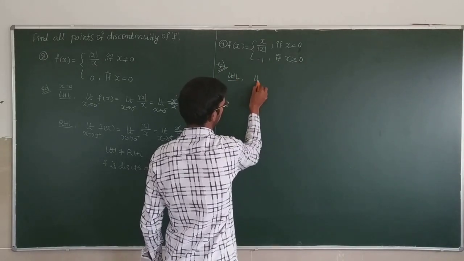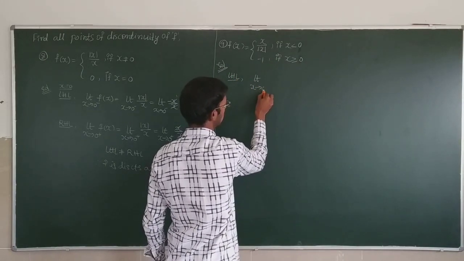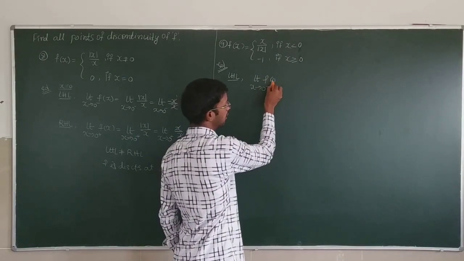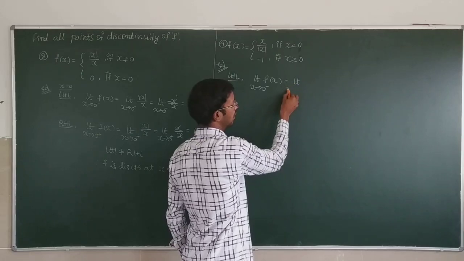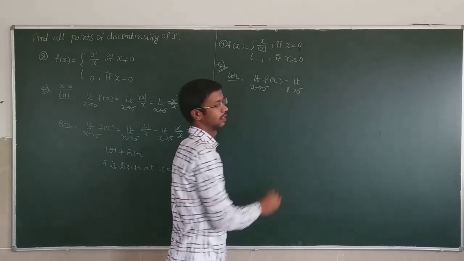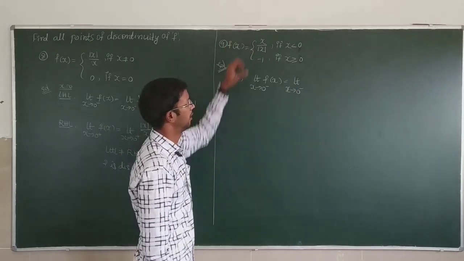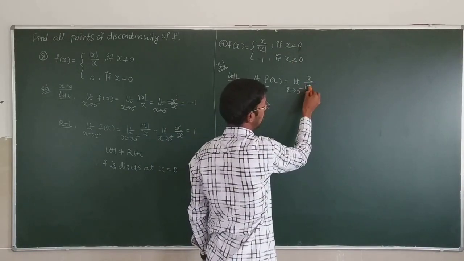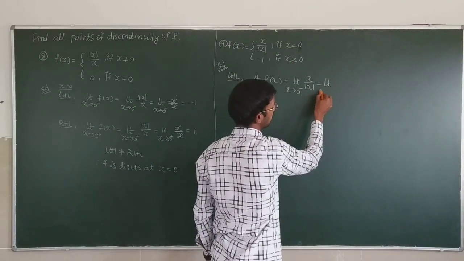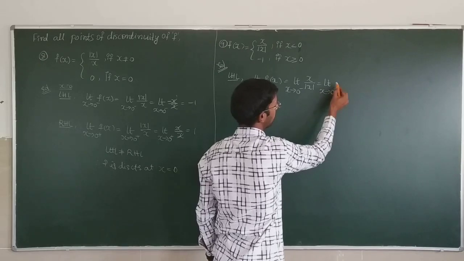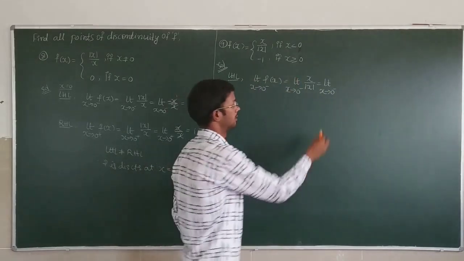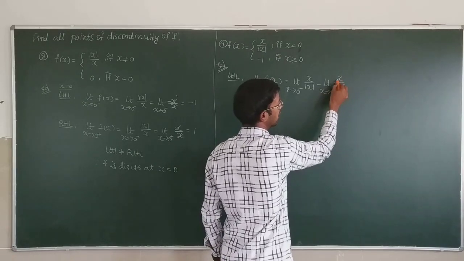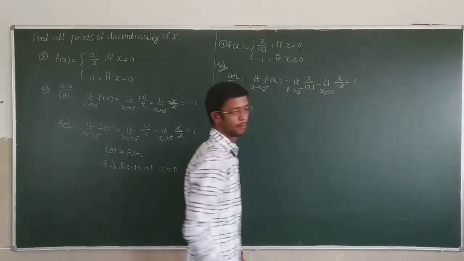LHL: limit x tends to 0 minus f of x, where f of x value is for less than 0, x by mod x. For x less than 0, mod x is minus x, so the answer is minus 1.